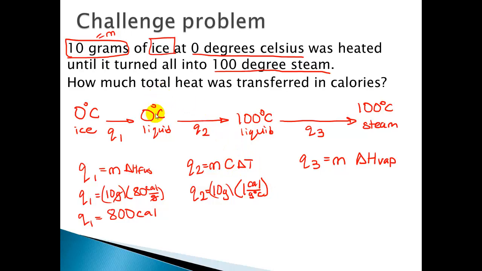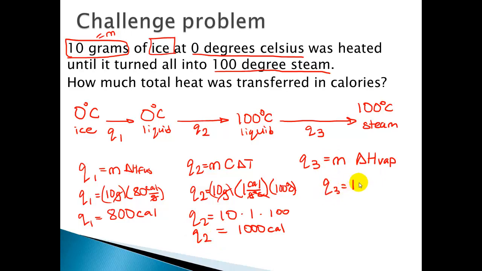We're changing temperature from 0 degrees to 100 degrees, and so that's an increase of 100 degrees Celsius, so a positive 100 degrees Celsius. We'll cancel our units. Grams and degrees Celsius will cancel. And so when we solve this, we get 10 times 1 times 100, which is equal to 1,000 calories. This is my Q2.